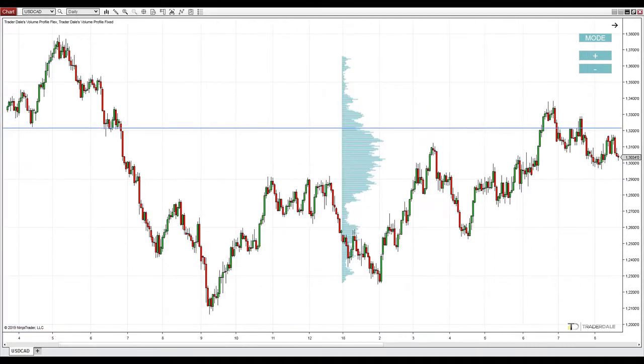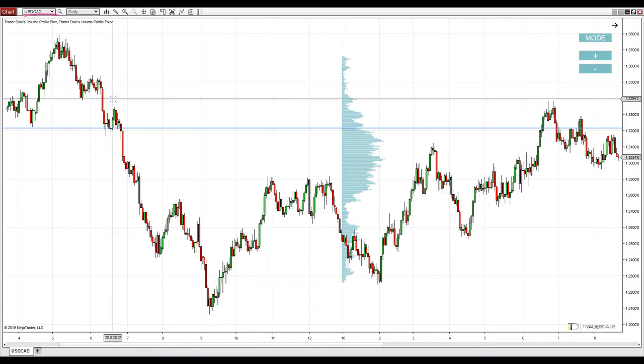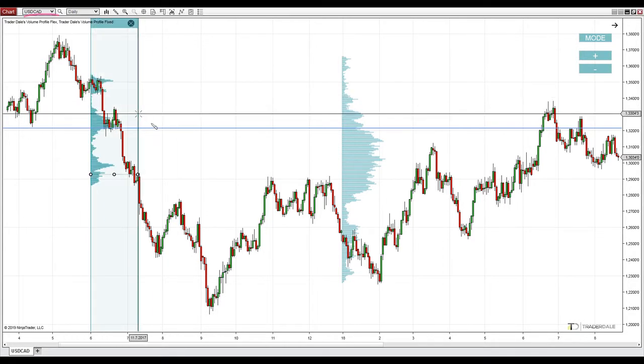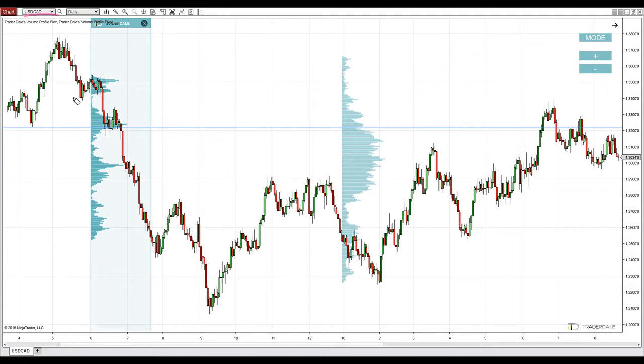Now the next one was a pretty crazy trade. It was on the US dollar, Canadian dollar. There was a strong sell-off right there, so I used the profile over the selling activity. There was this nicely looking volume cluster and also this support becoming resistance setup.